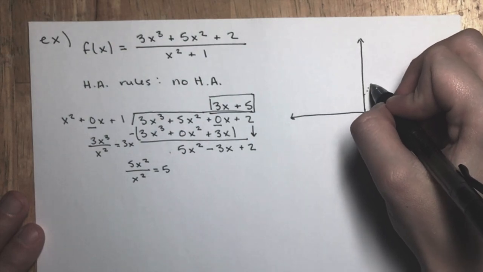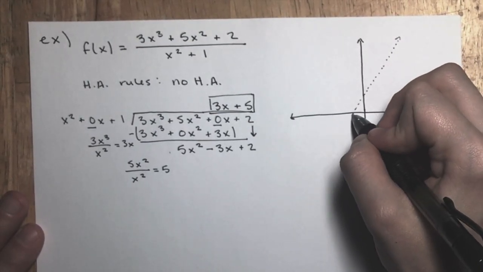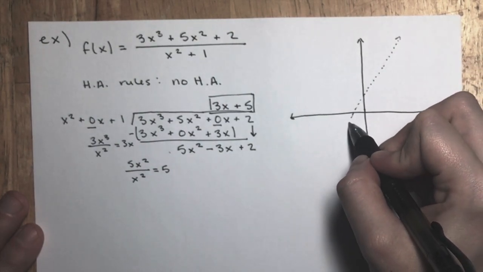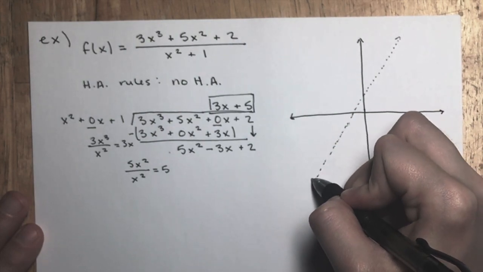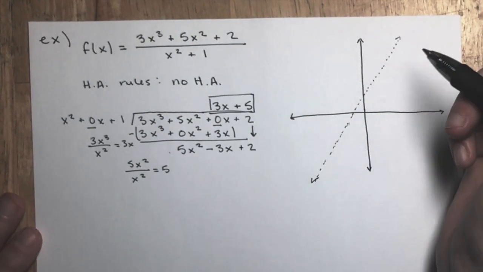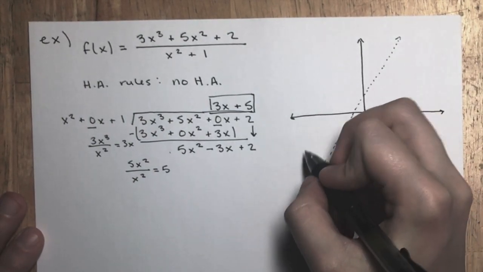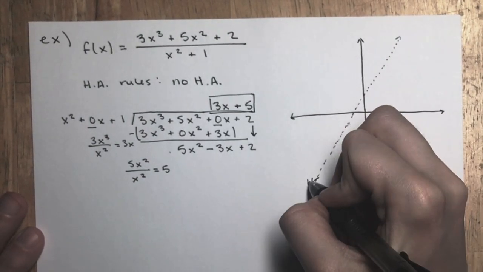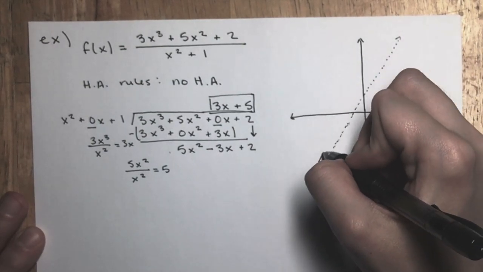So that's a line that kind of looks like this. Kind of steep, but not crazy steep. And what exactly does this function look like? Well, again, you can verify this in Desmos, but this function looks like this.